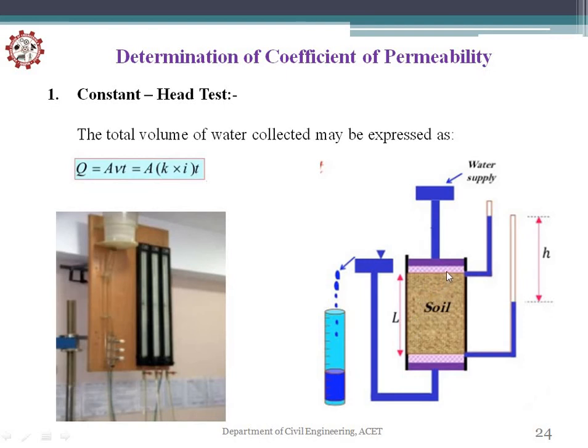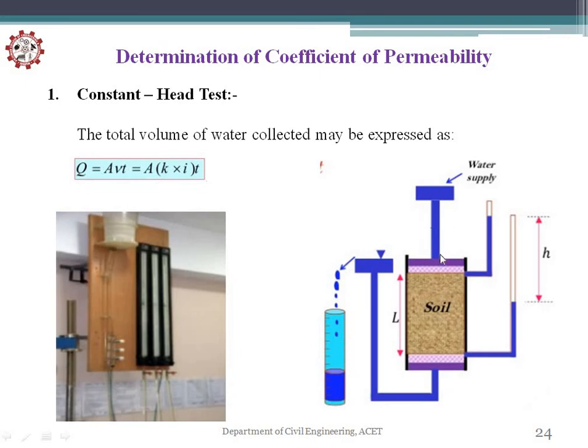This is the porous plate above the soil sample, and this is also a porous plate below the soil sample. One piezometer is attached nearer to the bottom porous plate and one nearer to the upper side. From here the water supply is given, and from the bottom the water is collected in the container, and that is weighed.